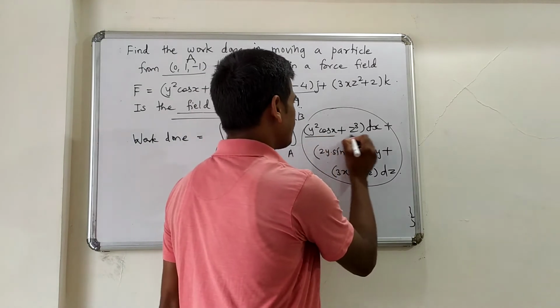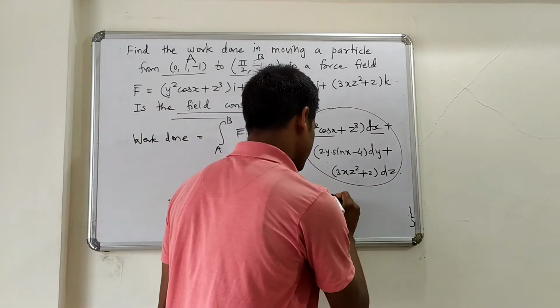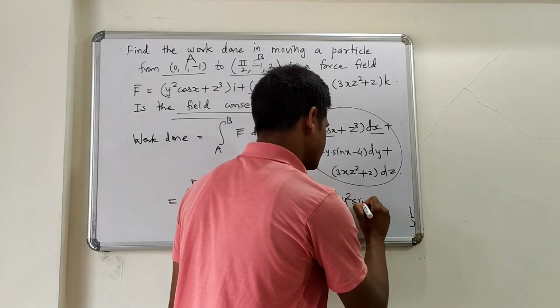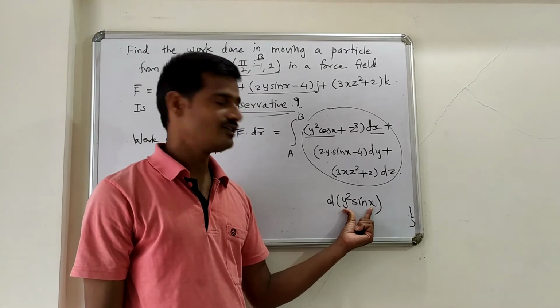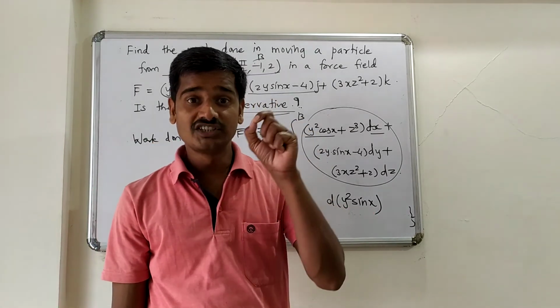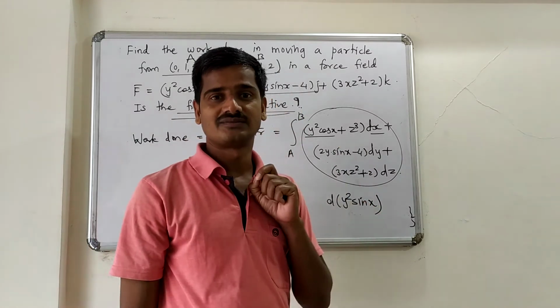So y square cos x dx, this is derivative of y square sin x. What is differentiation of y square sin x? Total derivative of y square sin x with respect to x gives y square cos x dx.